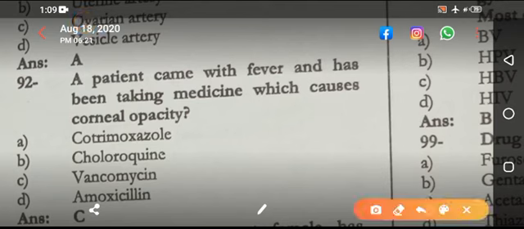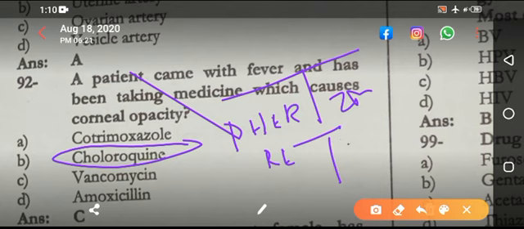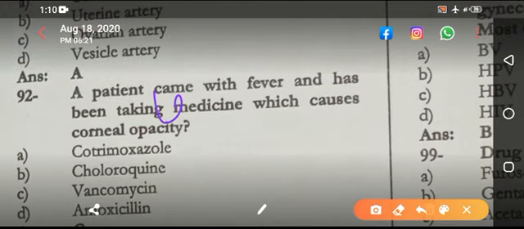So for the corneal opacity, you are having chloroquine. For the retinal opacity, you are having phenothiazine. For the lens opacity, chlorpromazine.